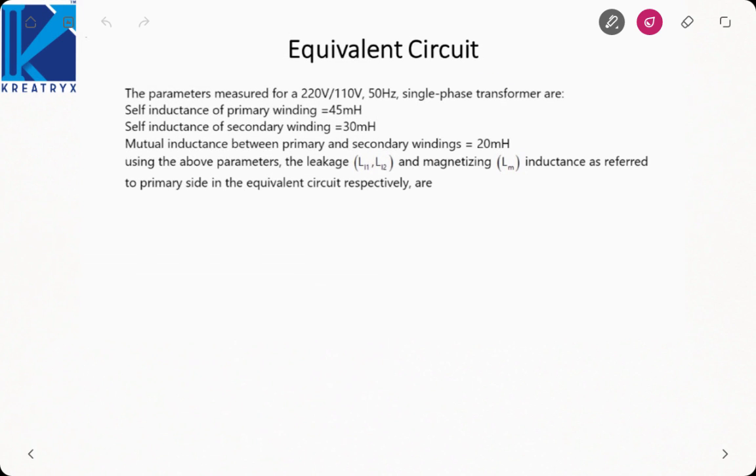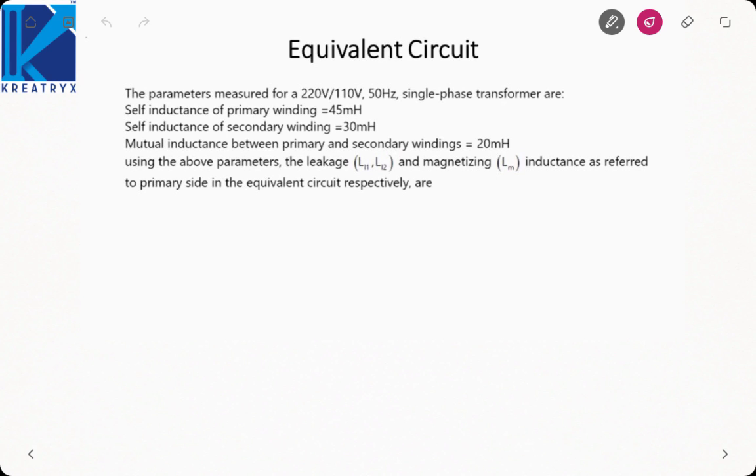Moving forward, in equivalent circuit, in recent years a different kind of problem has been seen. What is the problem here is, based on the self and the mutual inductances rather than reactances, inductances are given. We have to find the leakage and the magnetizing inductance.